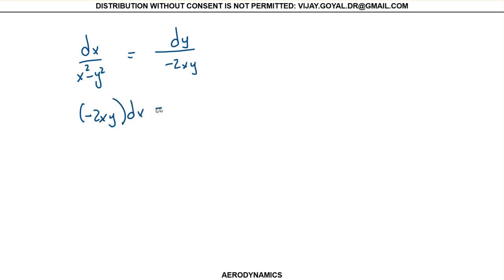Okay, so let's use this equation here. Let me rewrite the equation: x squared minus y squared, minus 2xy. So let's cross multiply on both sides. Minus 2xy dx is equal to x squared minus y squared dy.